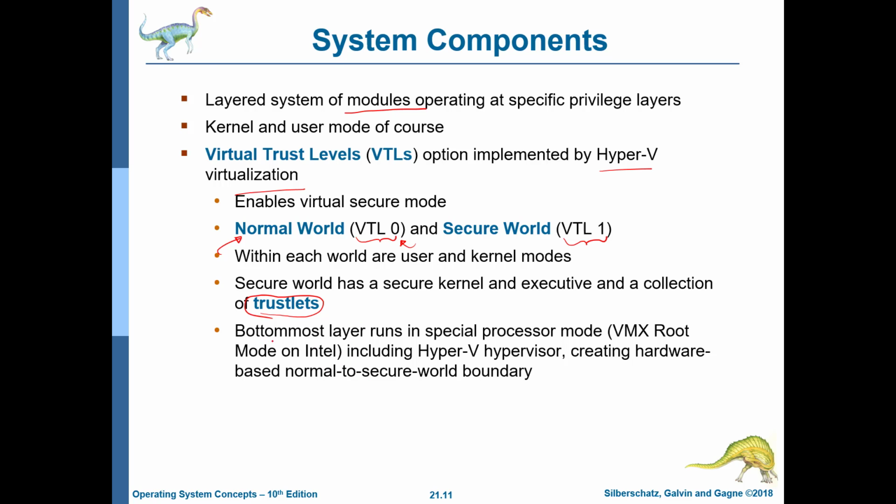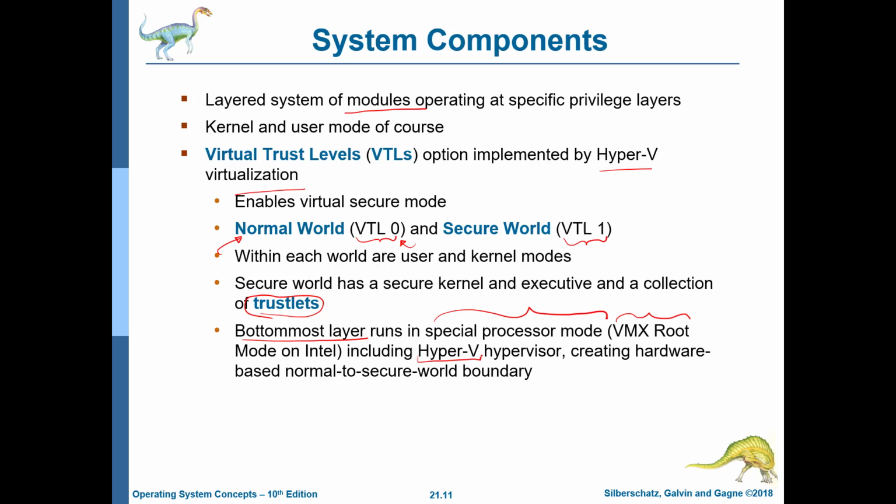And needless to say, just above the hardware, which is the bottommost layer, it will run in a special processor mode, which basically means that as far as the processor is concerned, it will be the layer with the maximum privileges. So this is known as VMX root mode on Intel. And this is where the Hyper-V hypervisor, which is the hypervisor component of Windows, will run.